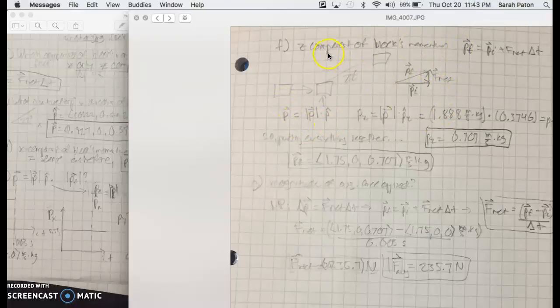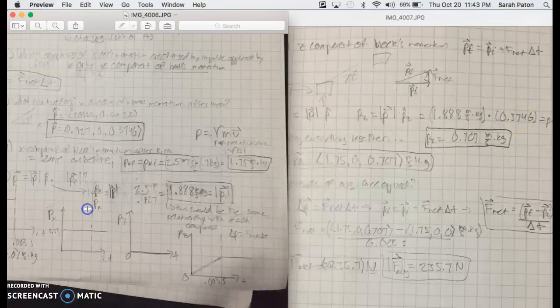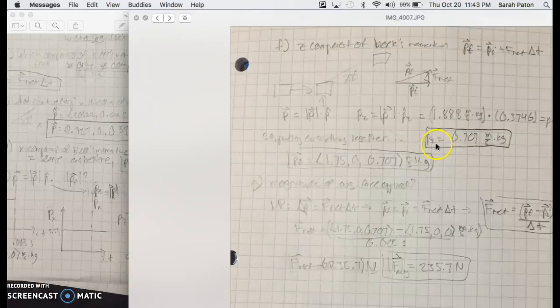I found the z component by using the magnitude I found from the previous problem and multiplying it by the unit vector for z. This gave me that the z component of the block's momentum was 0.707. Putting everything together, pf was equal to 1.75, 0, 0.707 meters per second times kilograms.